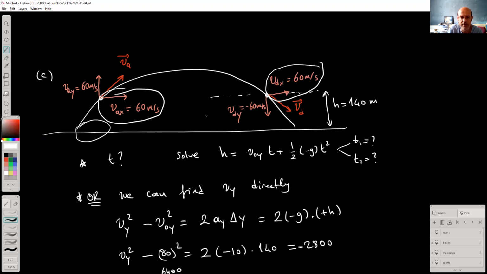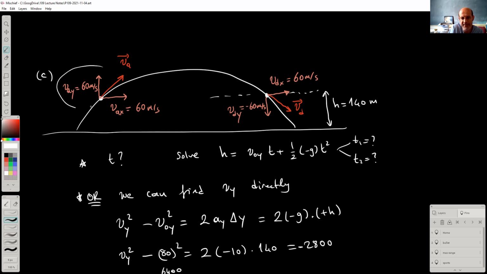That's equal to the initial velocity and velocity at all points in the motion. Okay, but the y component of the velocity changes, so it's plus 60 in here, minus 60 in here.